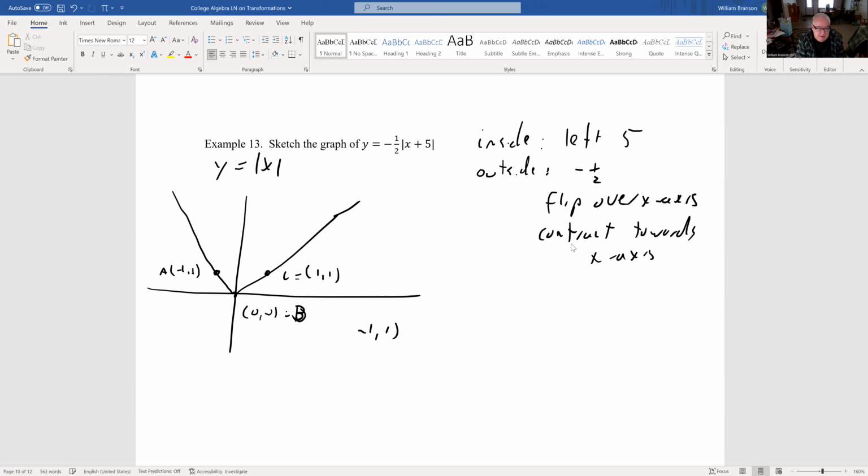And where do those 3 points go? Well, -1, 1. Left 5, so that means subtracting 5 from the x value, that gives you -6, 1.